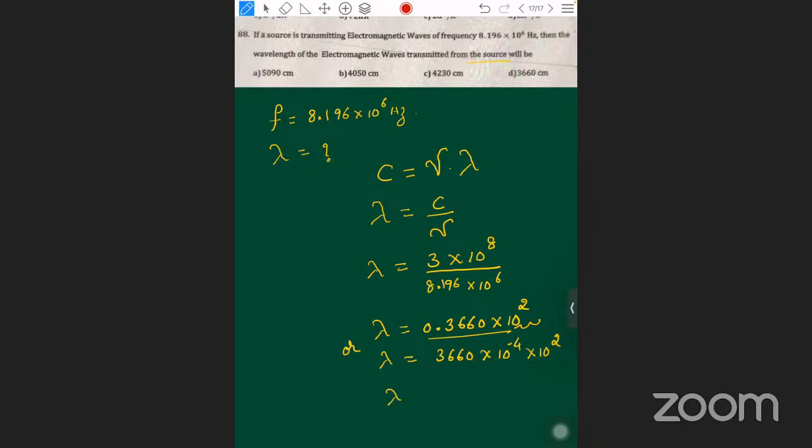So lambda is equal to 3660 into 10 power minus 2 meter. You know that 10 power minus 2 meter is a centimeter, so 3660 centimeter is the wavelength transmitted from the source. So option D is the right answer.